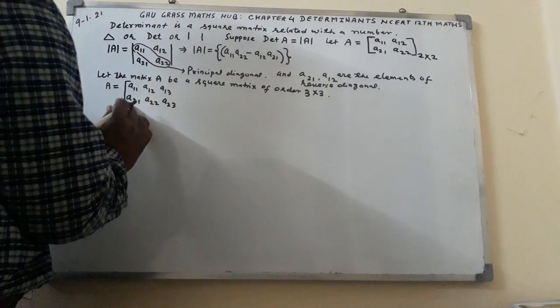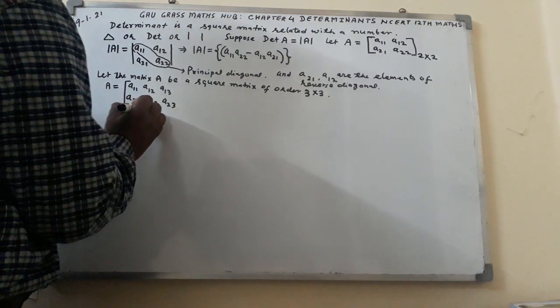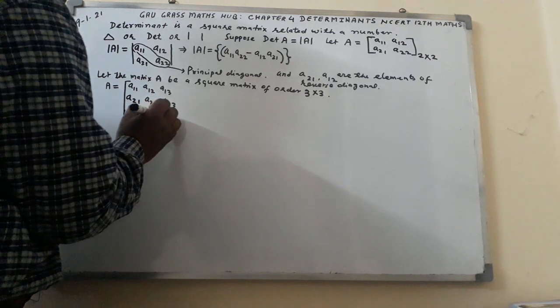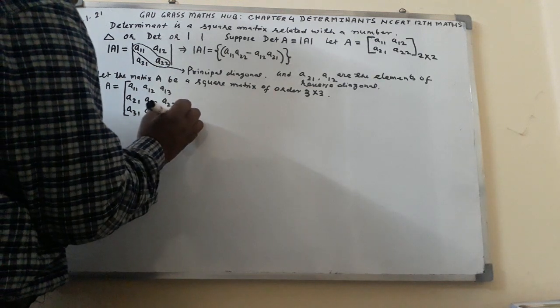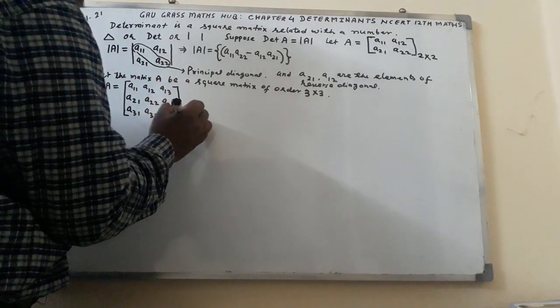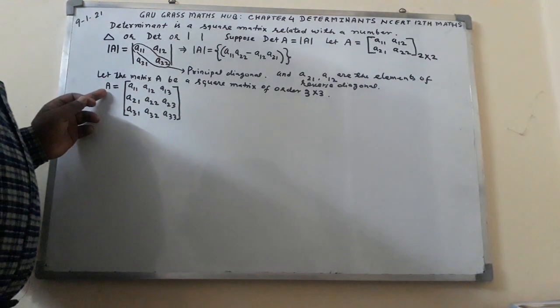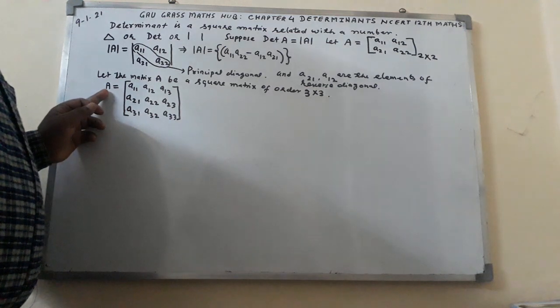Elements of third row I shall take A31, A32, A33. A is a square matrix of order 3 cross 3.